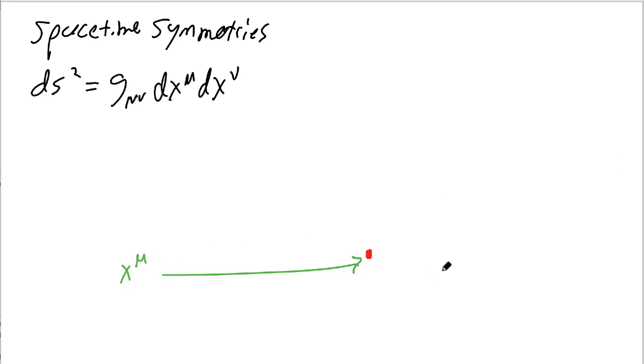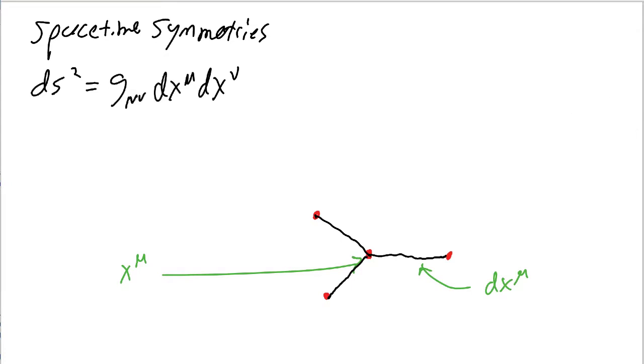Here's a nearby point, and this point has coordinates x mu plus dx mu. So in other words, this coordinate separation is dx mu, and the line element tells us the proper separation between those points. And we have other nearby points as well. Here's one, here's another, all with their proper separations given by the line element.